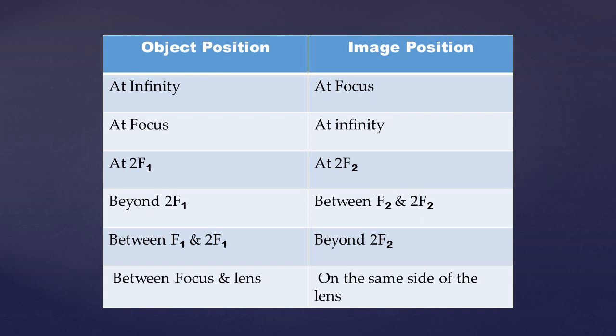When the object is beyond 2f1, image is between f2 and 2f2. When the object is between f1 and 2f1, image is beyond 2f2. When the object is between focus and the lens, the image is on the same side of the lens. So this is a summary of the object position and image position for convex lens.